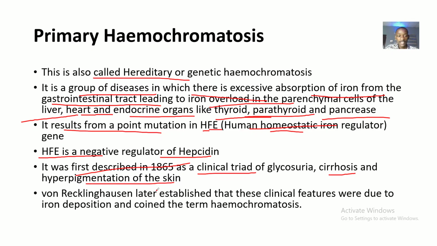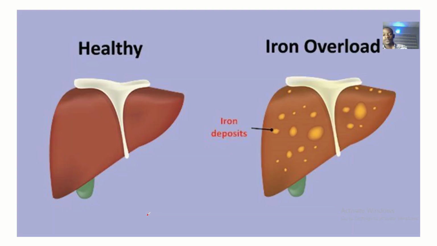Von Recklinghausen later established that these clinical features were due to iron deposition, and he coined the term hemochromatosis, meaning deposition of iron in organs. These organs, let's go over them again: the liver, the spleen, the heart, and the endocrine organs like the thyroid, parathyroid, and pancreas.